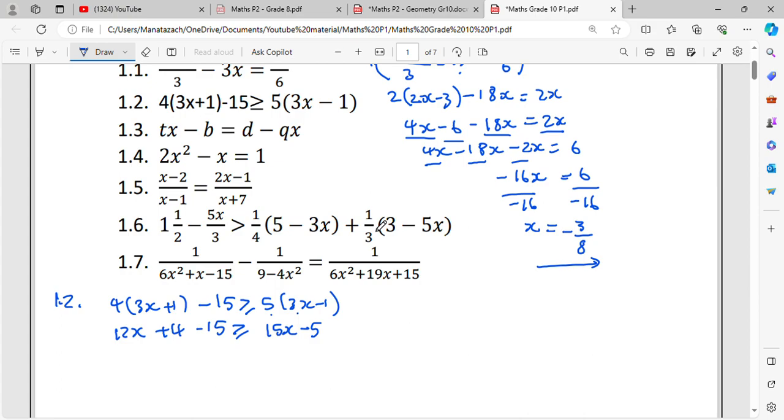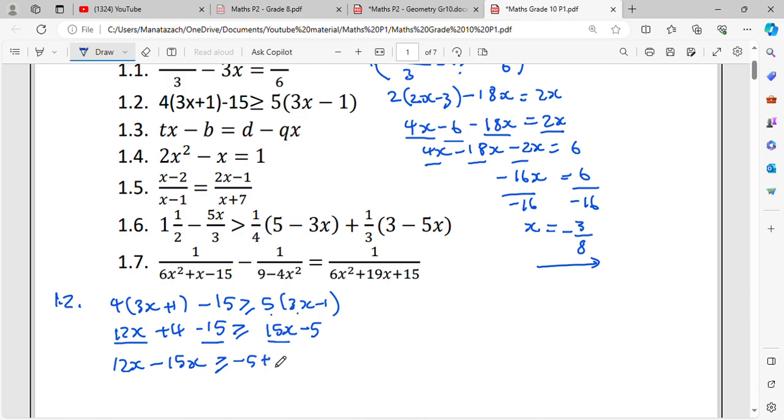So from here, you're just going to group the like and the like. We'll have 12x, which looks like 15x, which is 15x will come here. This side is negative, and then this side will have minus 5.